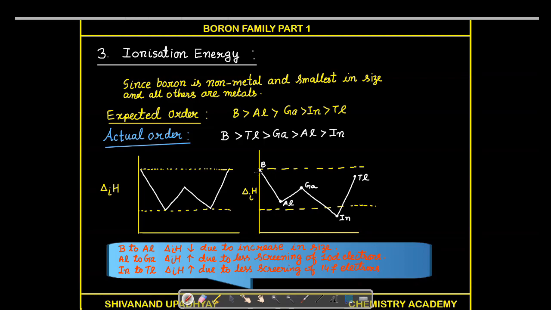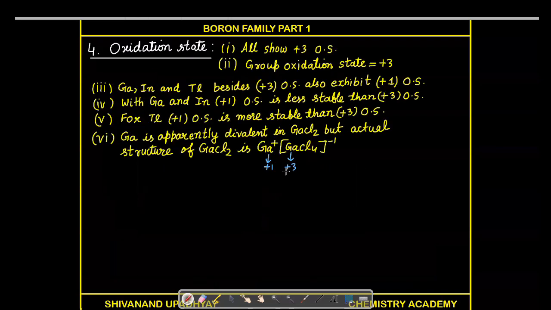So this is expected, but this other one is unexpected, explained by the poor screening effect of 10 d electrons. This is expected, this is unexpected, which can be explained by the poor screening effect of 14 f electrons. So I hope you remember this peculiar order by remembering this W and pulling the right-hand leg of the W by a small amount, with each corner having one atom. By that method we can remember this peculiar order of ionization enthalpy.